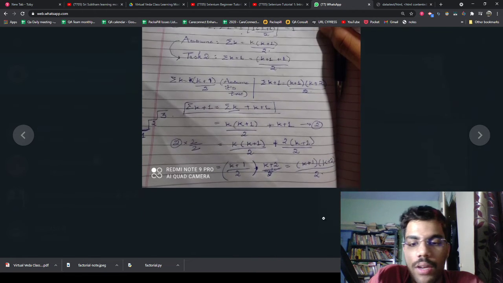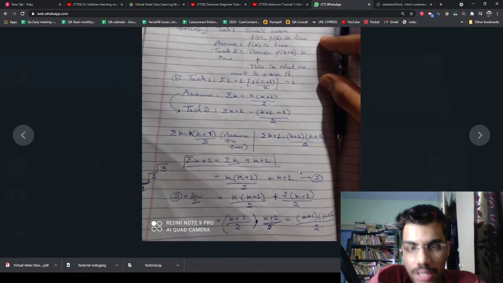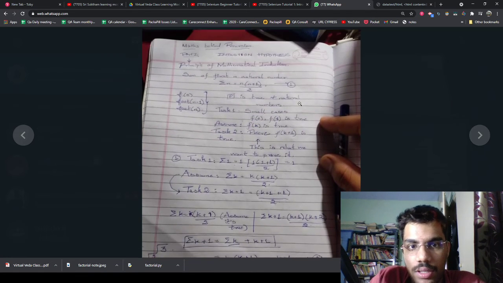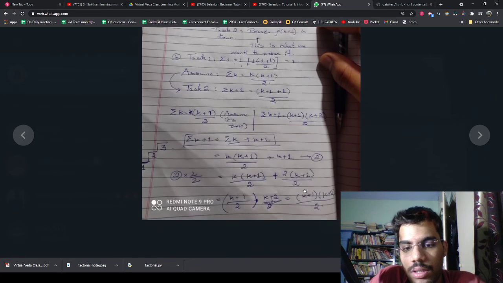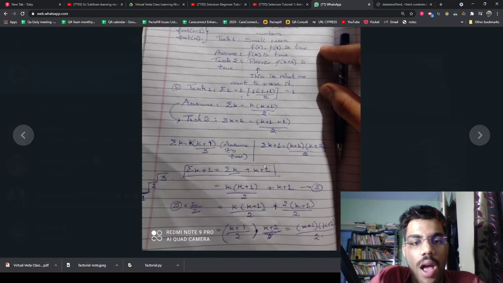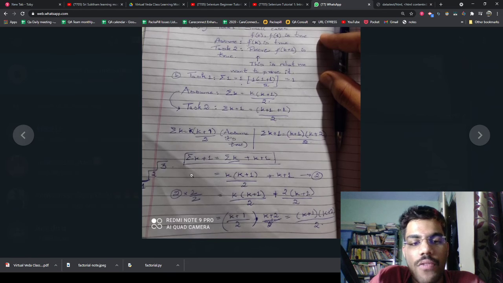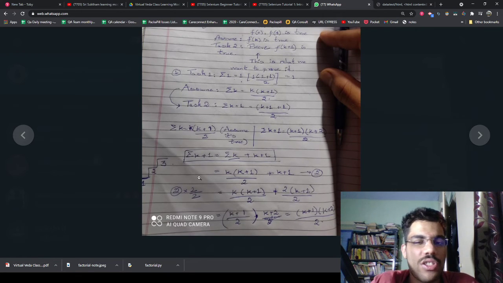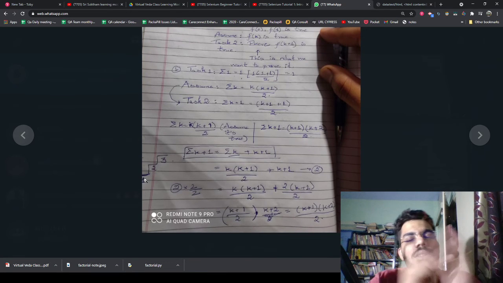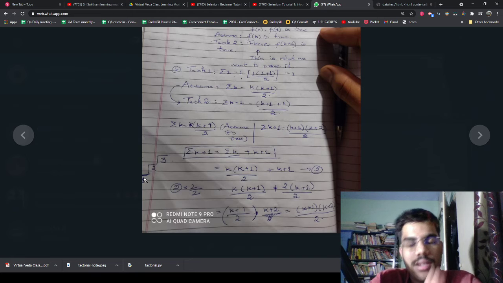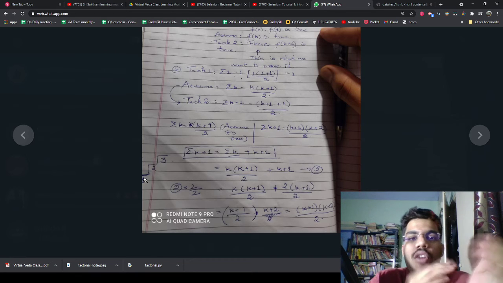Then this is what we expect as the result. See, n into n plus 1 divided by 2. This is the result. And what is the purpose of recursion? Doesn't this sound weird? Like the left hand side is showing 1. We are getting small cases like f of 0, then f of 1, f of 2.